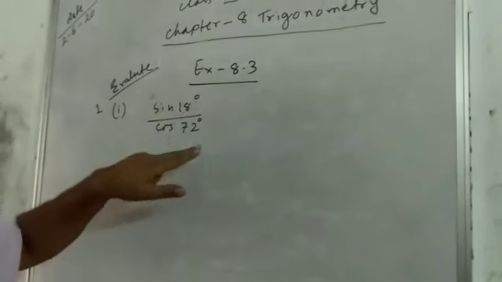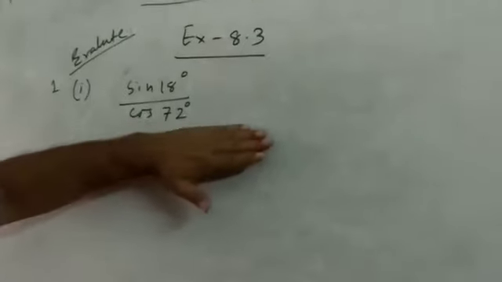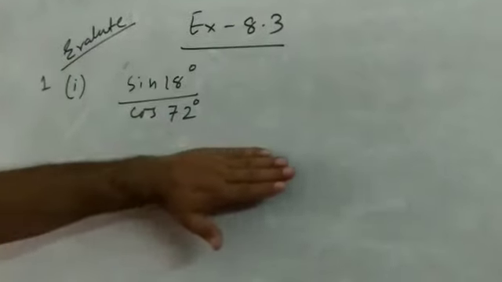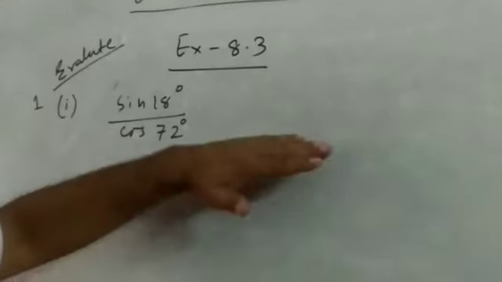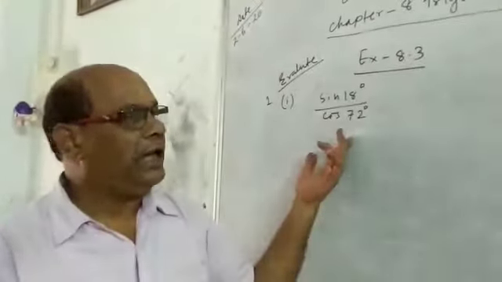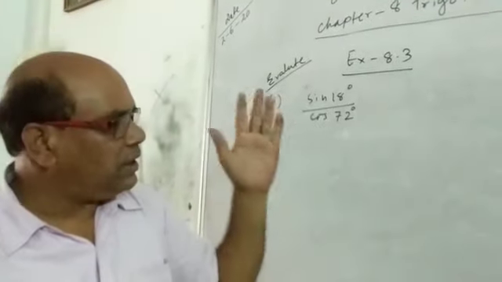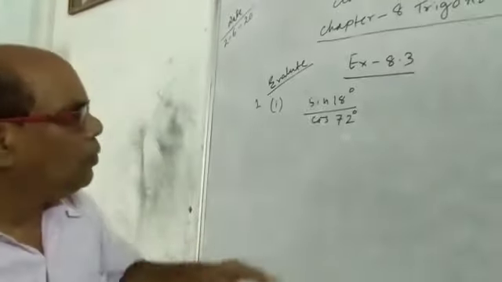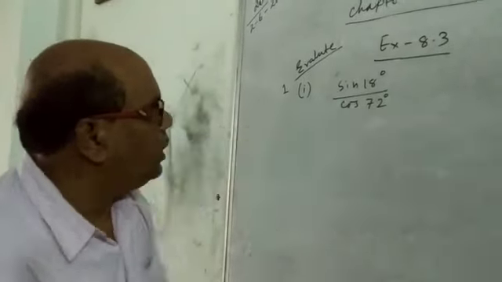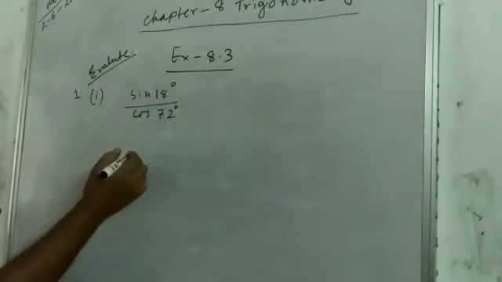In the table, angles like 18 and 72 are not given. So for this type of problem we have to use the complementary angle. This is the general information on how to start and simplify. Other than the 5 specific angles, we have to use the complementary angle. Is that clear? Now we see how we will simplify.